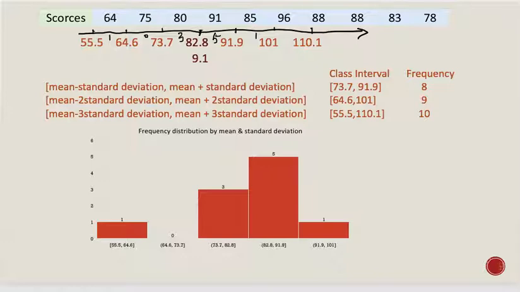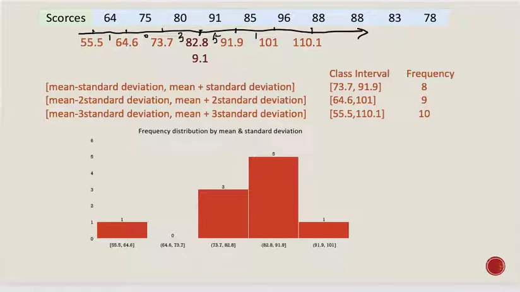Note 80% of the data points fall into this category. 90% of the data points fall into the category of mean minus 2 standard deviations to mean plus 2 standard deviations. All the data points fall into the category of the mean minus 3 standard deviations to the mean plus 3 standard deviations.